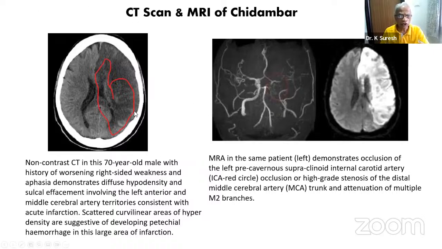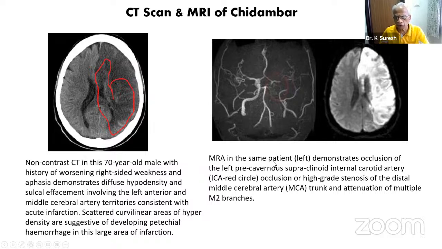You can see how many areas are diffused. This is a non-contrast reading. It shows the worsening right-sided weakness and aphasia. It demonstrated diffuse hypodensity, that means low density.